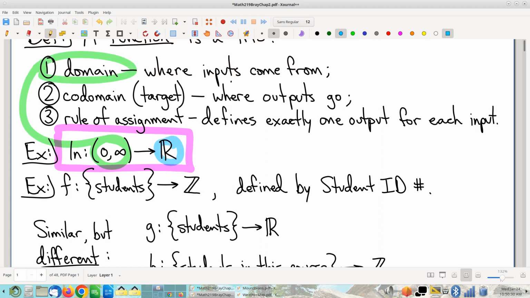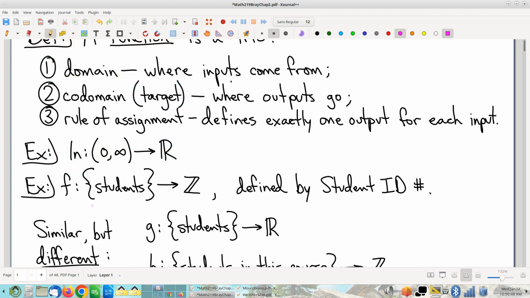What goes here is the target. And the arrow represents the action of the function taking something out of the domain and plopping it down somewhere in the target. Yeah, it's very handy.